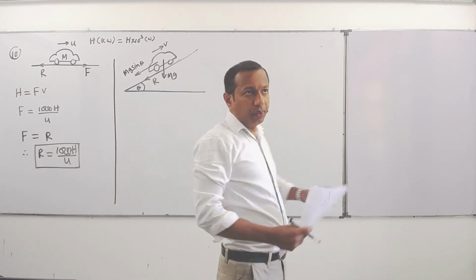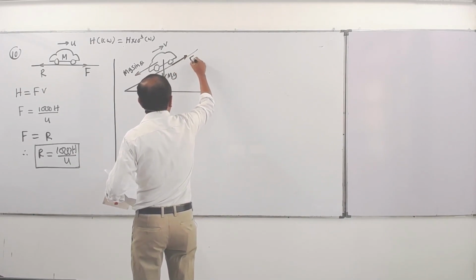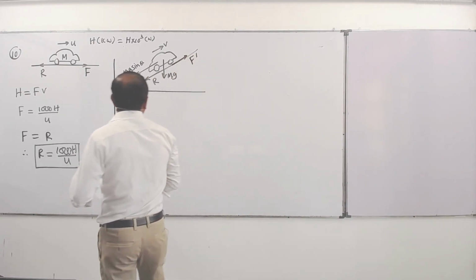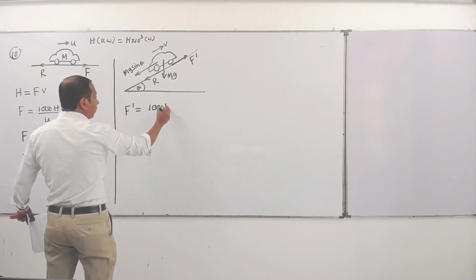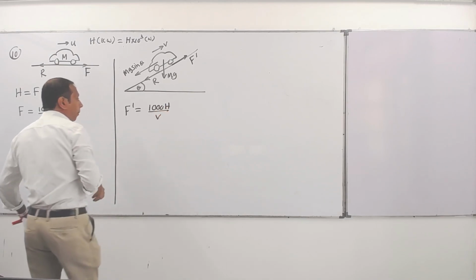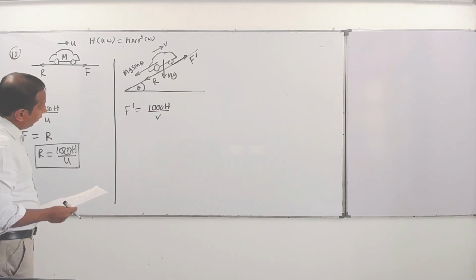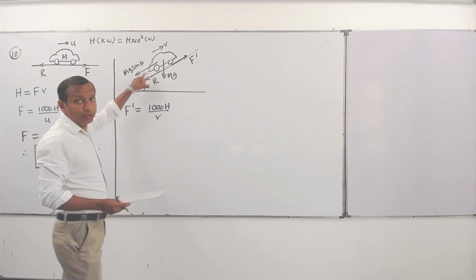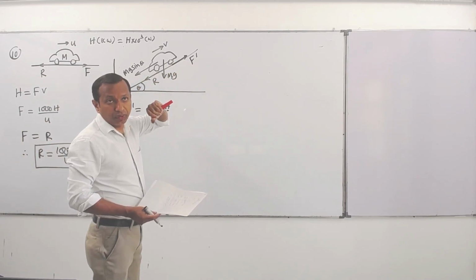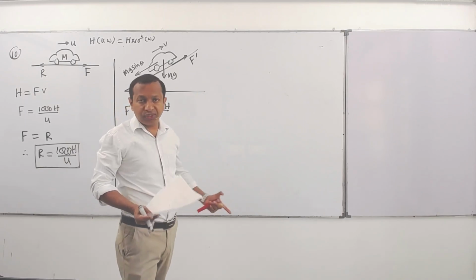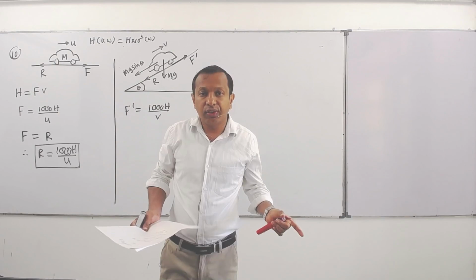Now the tractive force I mark as F dash. This time this F dash becomes 1000 H power divided by the velocity. Now you know when the car moves with constant velocity, no acceleration, there should not be any resultant force.